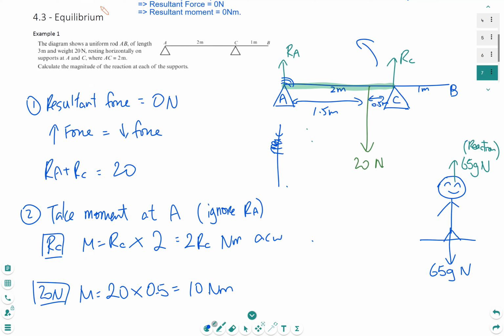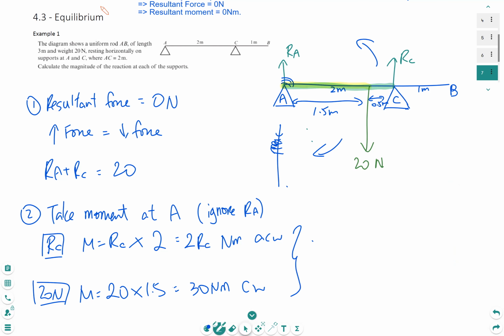Oh, actually, my bad. This is not 0.5, sorry, I took the wrong pivot. The pivot is A, so therefore the distance will be 1.5 meters, which is 30 Newton meters. That's the distance, 1.5. That's the door. When you push it down, the door is going to rotate that way, which is clockwise.